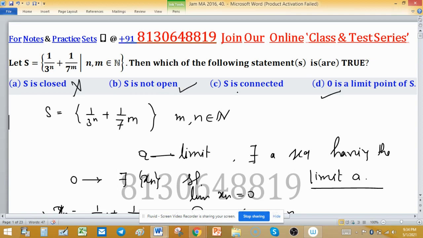Now come to the point, whether S is connected or not.